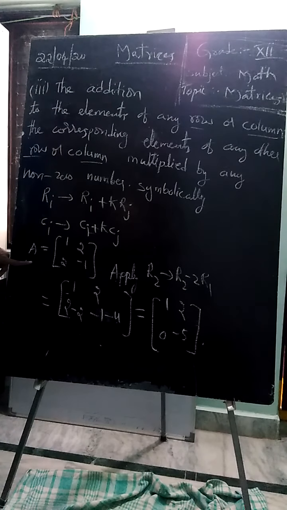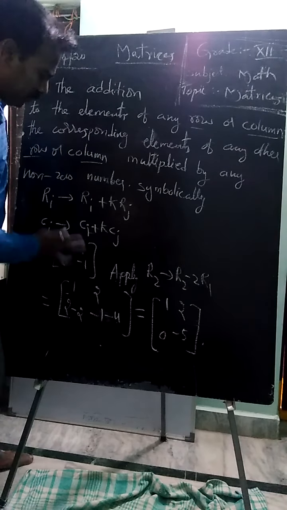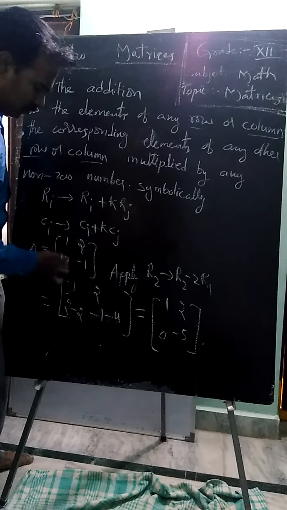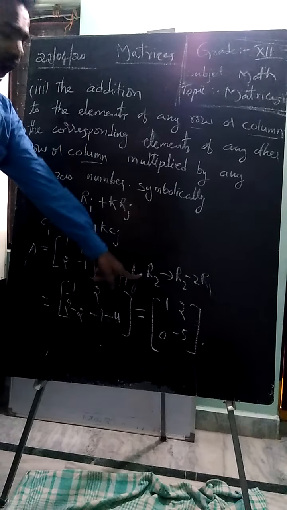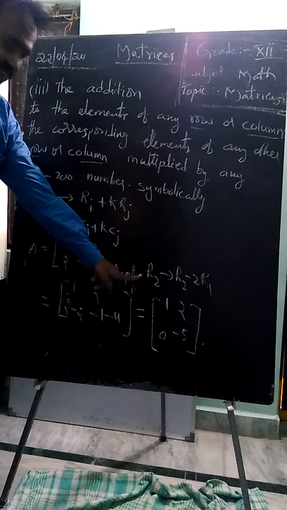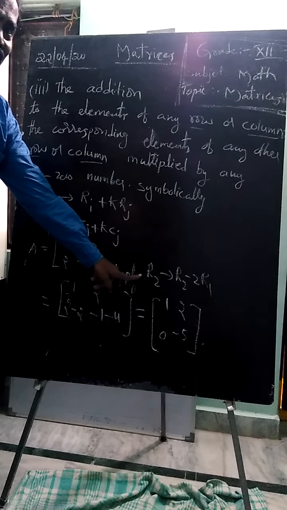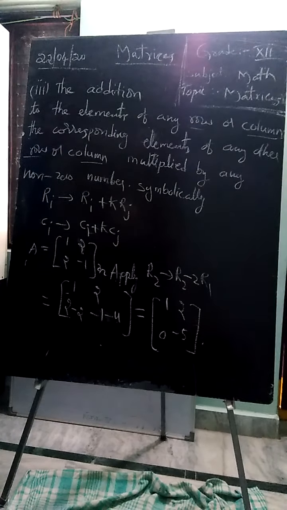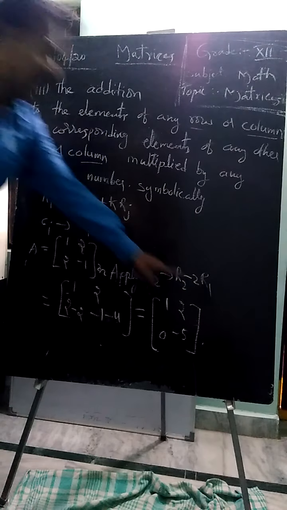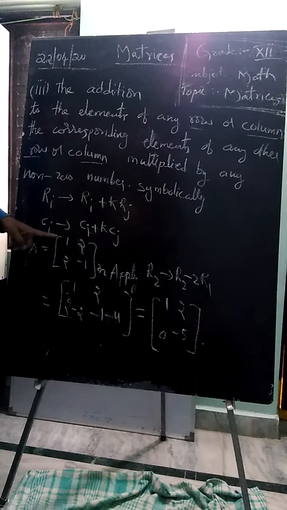Let us take one matrix, a 2 by 2 matrix, that is 1 2, 2 minus 1, which is of 2 by 2 order. We are applying the transformation of R2 row as R2 minus 2R1. The element of the second row minus 2 into the element of the first row.